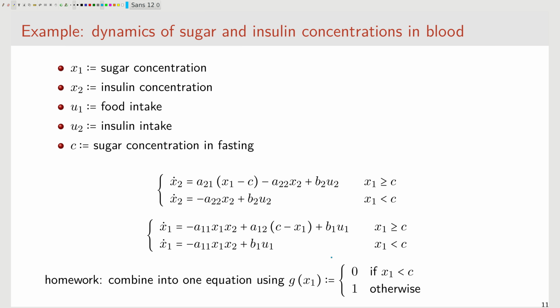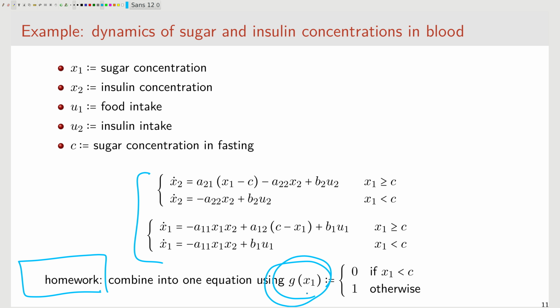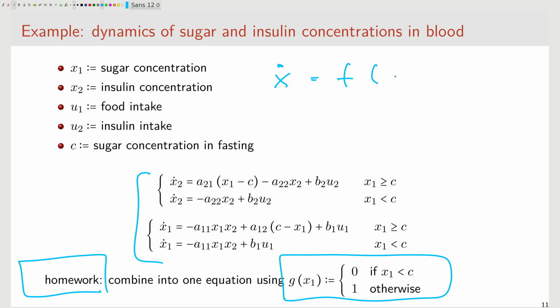Something that I think you should do as homework, and homework means something that you do if you want, but I strongly suggest you do, is to try to combine the various equations into just one by means of a certain additional function, this function here, so that we eventually get something like this. Why?